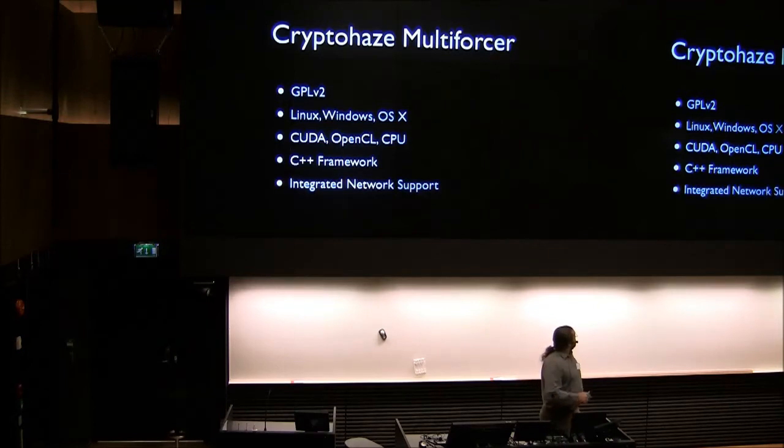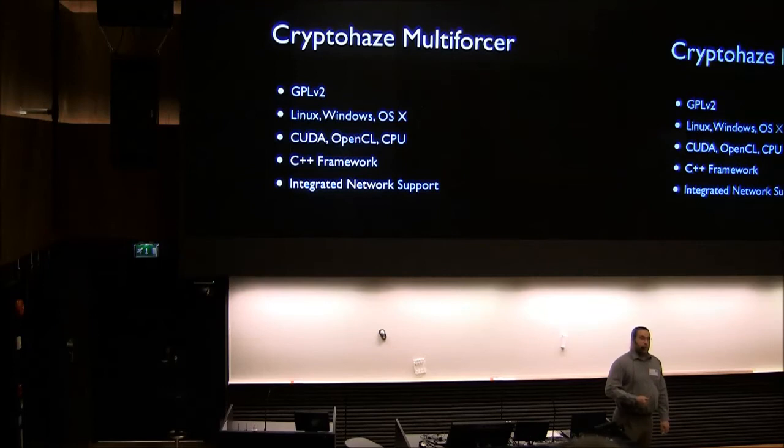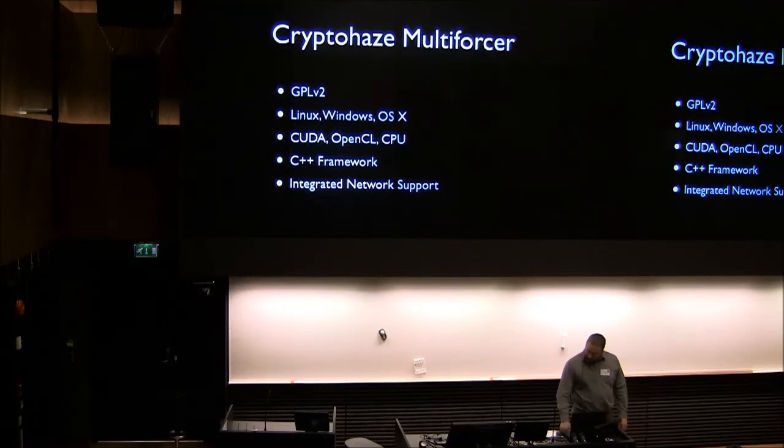And at this point, it has integrated network support, which means I'm not relying on any third-party libraries such as VCL, MPI, or any of the cluster languages. I have the network support totally built in, totally under my control, and I'm not reliant on anyone else for bug fixes with that.